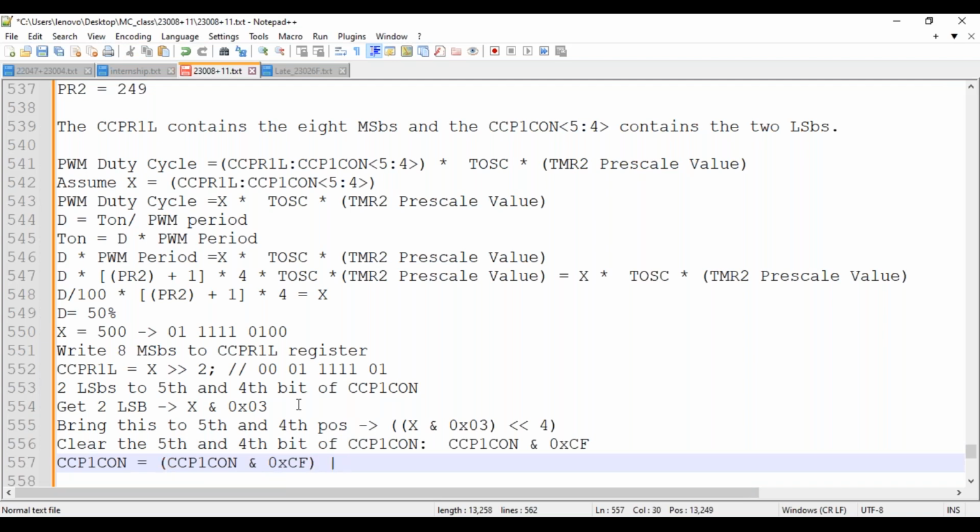OR with the bits I have taken from the LSB and moved to the 5th and 4th position. Now after I perform this operation, the two LSBs get written to the CCP1CON register 5th and 4th position. Are you following this?